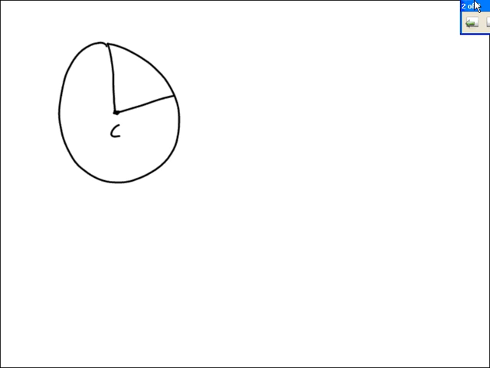There's something called the central angle. You have the center of a circle, and you draw 2 radii. You have this angle here.